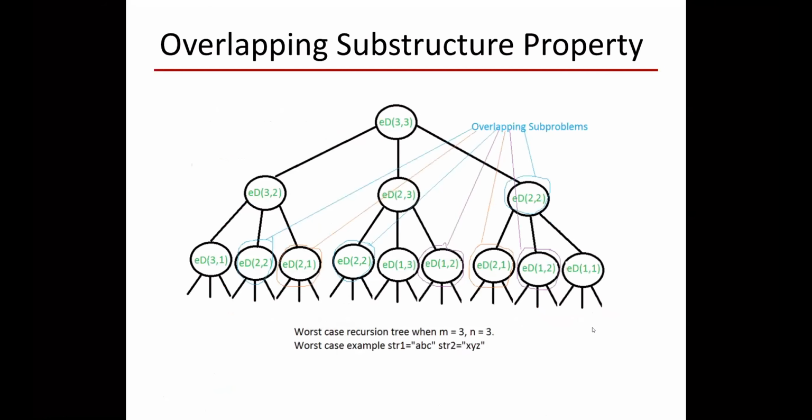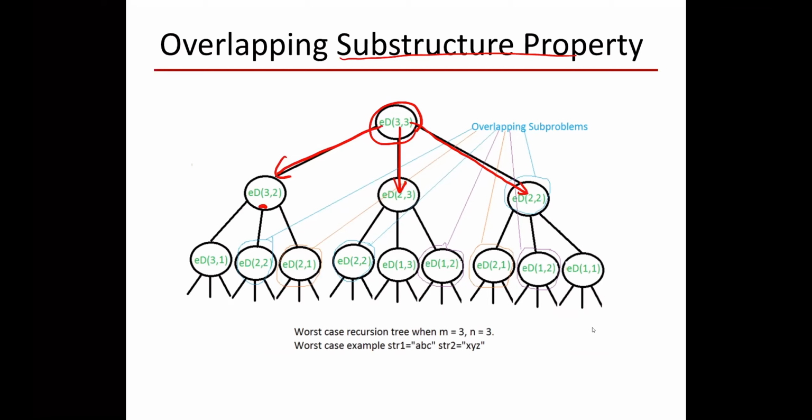Then let's see the problem. So this is an overlapping substructure problem. Let's say you have lengths of 3 and 3. If it is a match, okay, I found the solution. If it doesn't match, I can replace 1, I can add 1, I can remove 1.